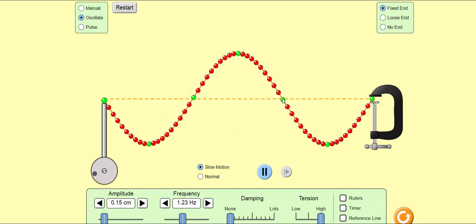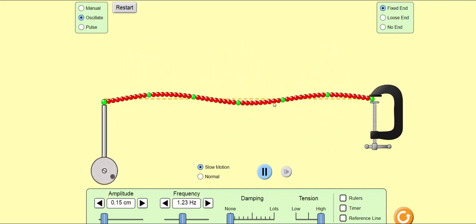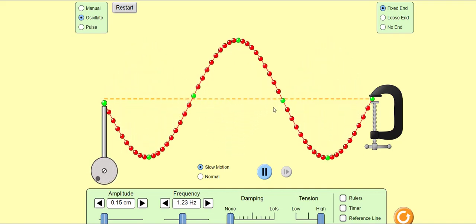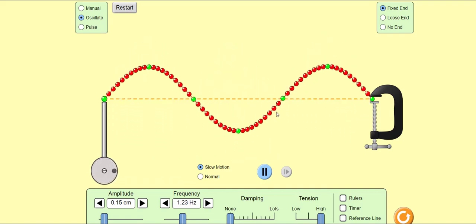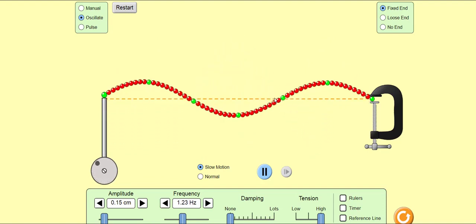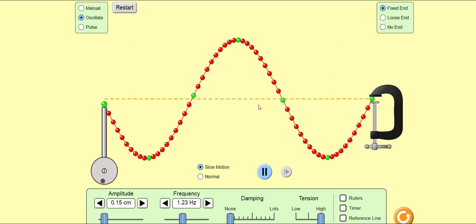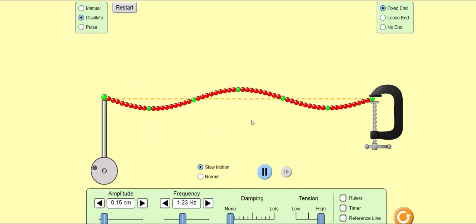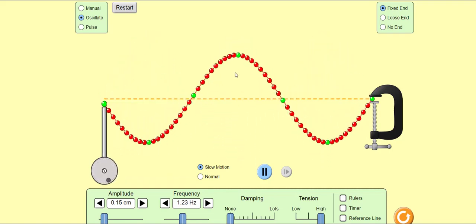Now if we move a little bit to the left and look at this red particle here, you can see that it's oscillating, right? So its amplitude is non-zero. And as we continue to move to the left, the amplitude of the particles increases until we reach an antinode.